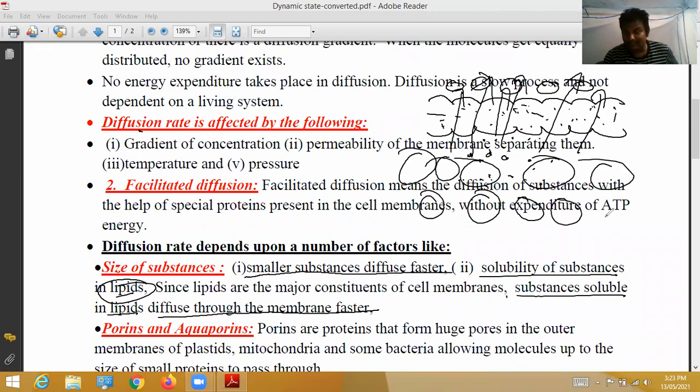Larger substances are unable to dissolve in the lipids and are unable to be transported through the cell membrane. So these affect facilitated diffusion. The diffusion rate depends upon a number of factors, and both kinds of diffusion are affected by these. Okay, that's all.